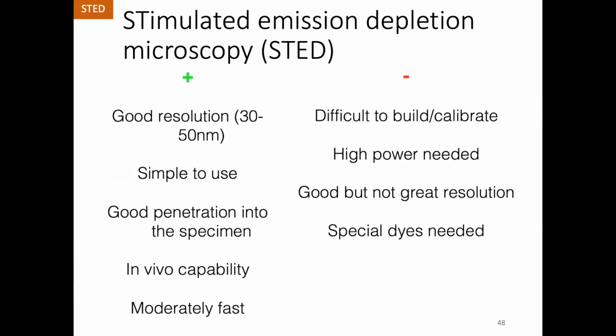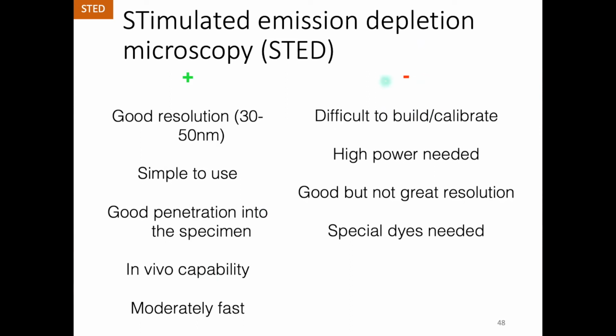Okay, so this was stimulated emission depletion microscopy. So you have very good resolution, 30 to 50 nanometers. It's simple to use. It's easy to penetrate into the sample. You can do it on live cells, right? So the cells can still be alive. You don't have to fix and stain them. It's moderately fast, but it's very expensive.